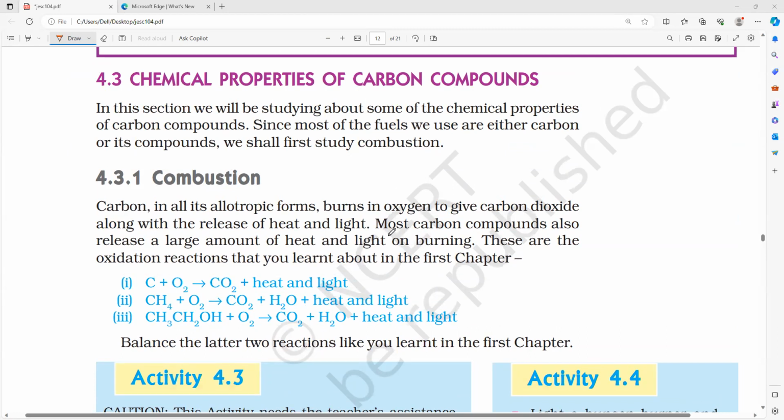Now, how do you identify whether your gas stove is working properly or not? If your utensils are getting a black deposit, a black substance at the bottom, it means your gas stove burner is not working properly.